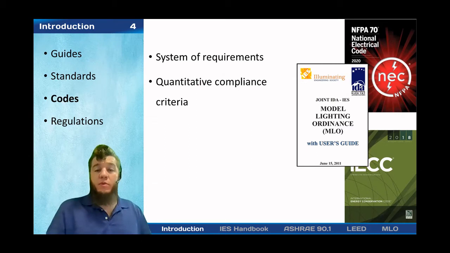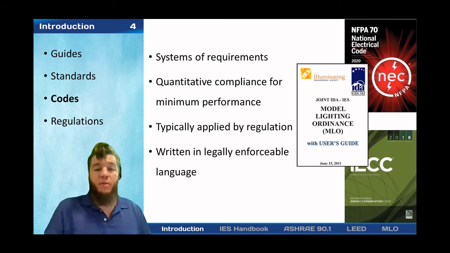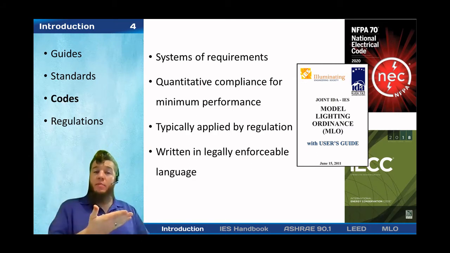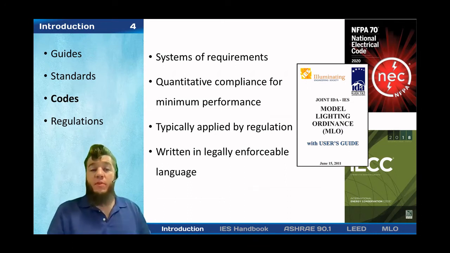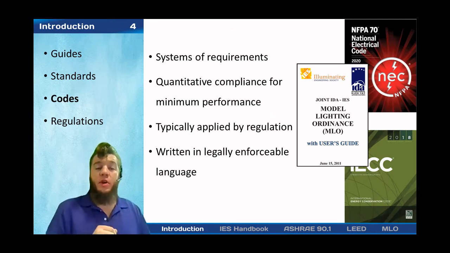And so the language is going to be a little different because it's typically applied by regulation. And that's why we need it written in legally enforceable language. And that's one of the key differences between, say, ASHRAE and IECC, which are otherwise quite similar in their content and intent, is the IECC is written in more generalized legally enforceable language.